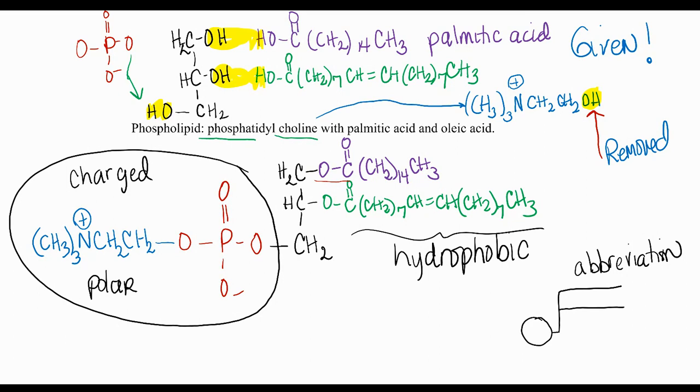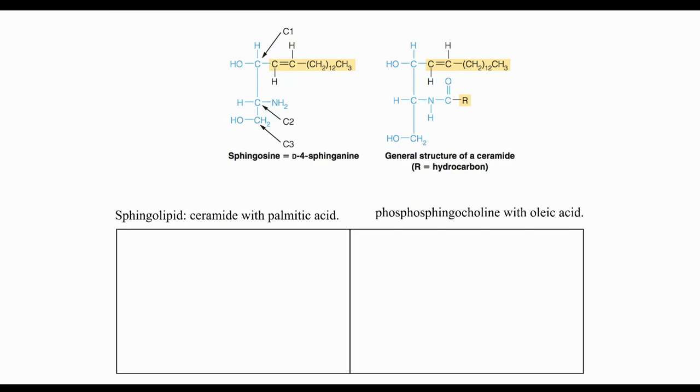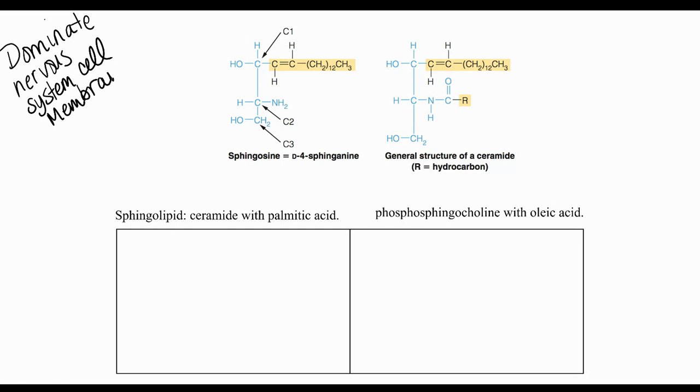Okay, so we have one more structure. And here's the sphingolipids. Sphingolipids dominate the nervous system. And in some ways, in my opinion, they look scarier, but they are a little easier because of the structure.